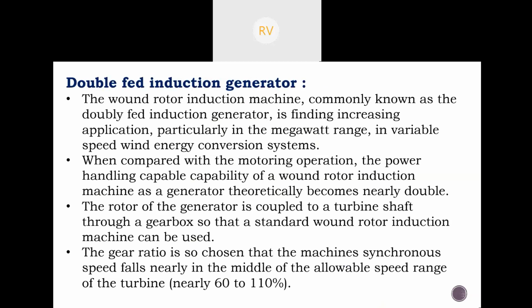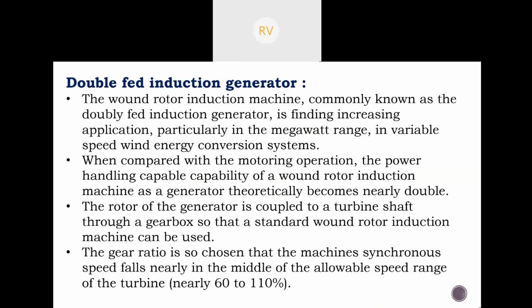So the next topic is the doubly fed induction generator. The wound rotor induction machine, commonly known as the doubly fed induction generator, is finding increasing applications, particularly in the megawatt range, in variable speed wind energy conversion systems.